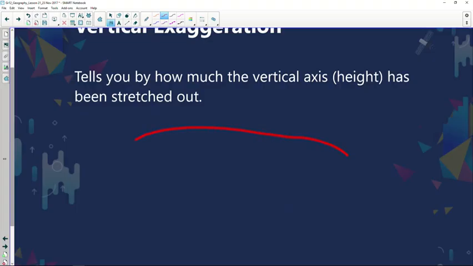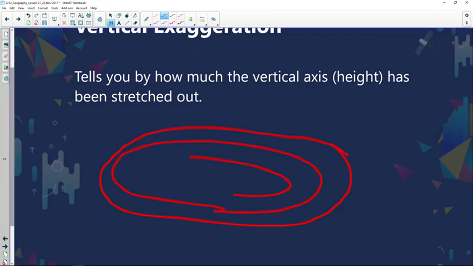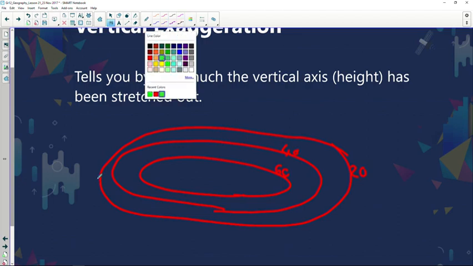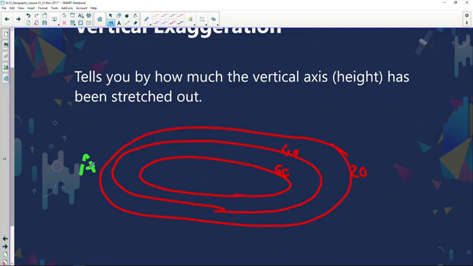Let's say, for instance, these are my contour lines. And this contour line is 20 meters high. This one is 40. This one is 60 meters high. And I ask you to construct a cross-section from A to B. Sorry, I just want to get my pen ready.